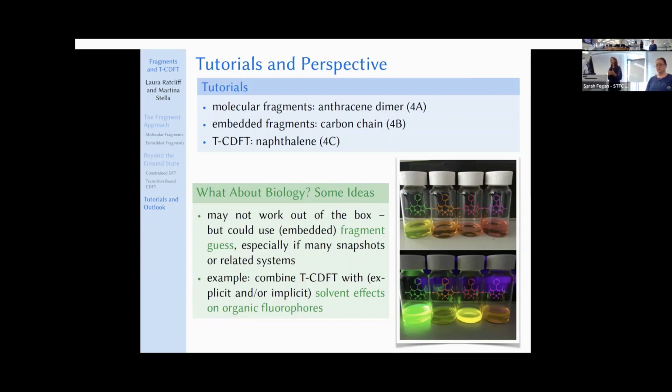So if we can control or predict how the fluorescence and the excitation works, it's a very powerful tool. So one possible application is to study the solvent effects on organic fluorophores to try and control the emission of biomolecules and emitters found in protein, like the green fluorescent protein.